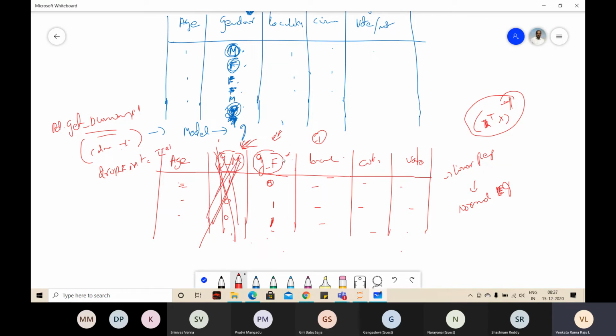If you have two categories, when you create dummy variables, you get two columns. If you have three categories, with transgender also there, you would get three columns. But when you say drop first is equal to true, it eliminates one column and takes the two.